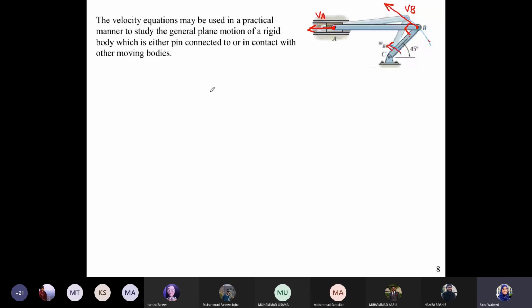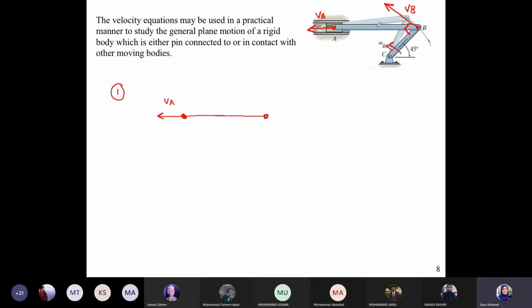So the first step is I'm going to draw in the resultants, whose final velocities I know after general planar motion. I'm just going to pop that in. So I know VA has to be something like this. And then I also have some information about VB. I know it is going to be at 45 degrees from the horizontal.